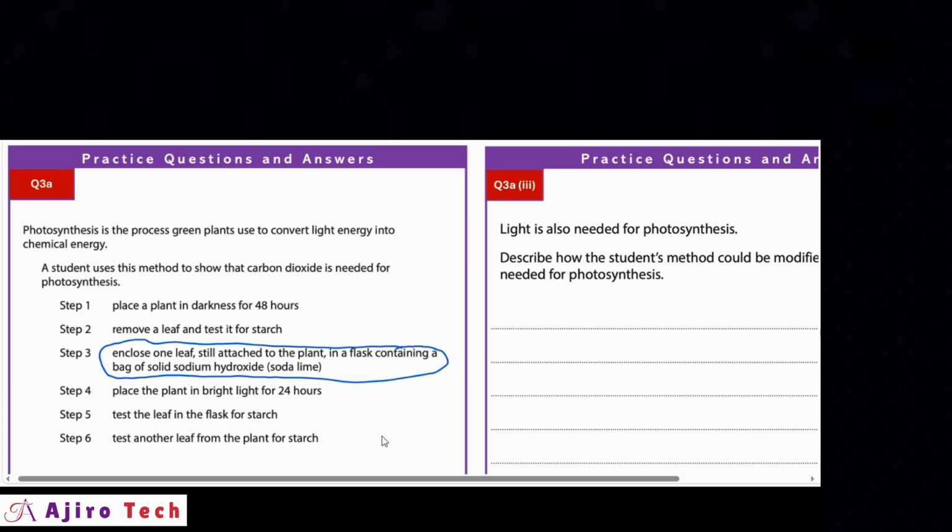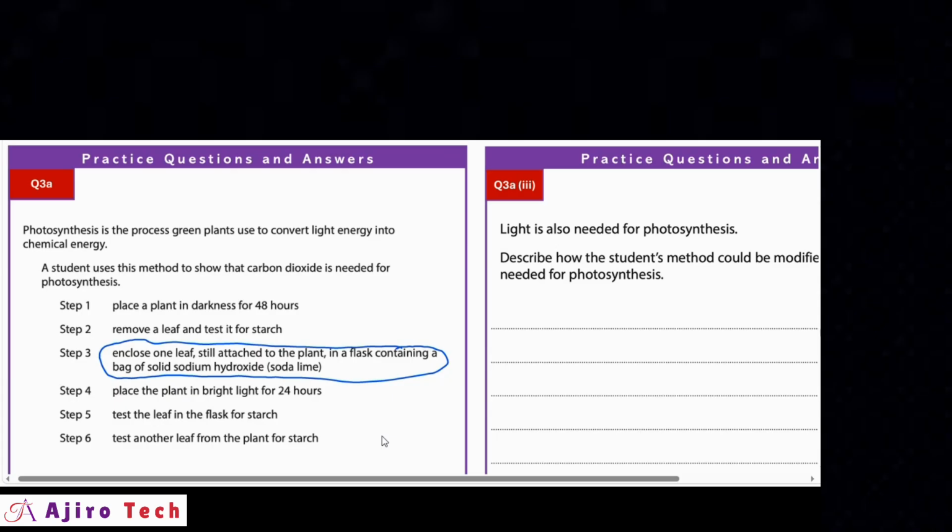So even if we put that leaf inside the flask and seal everywhere, if it still carries out photosynthesis, light will still penetrate. So what we need to do is to replace step 3 with covering the leaf with a black paper or black cardboard.